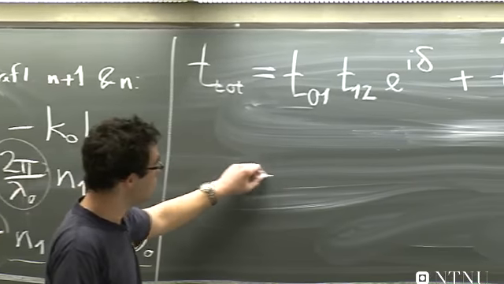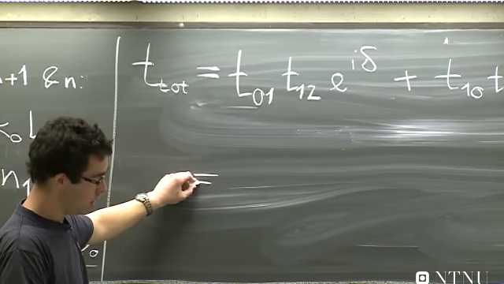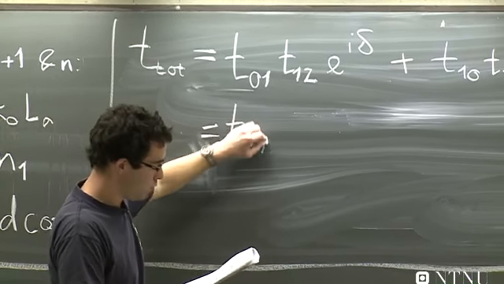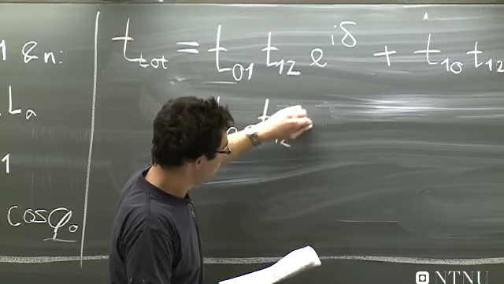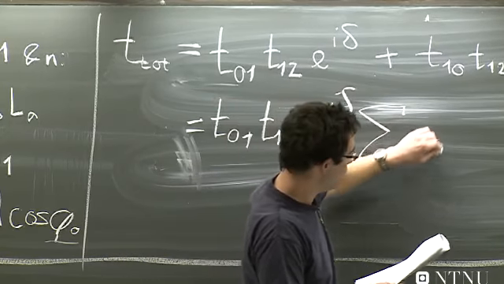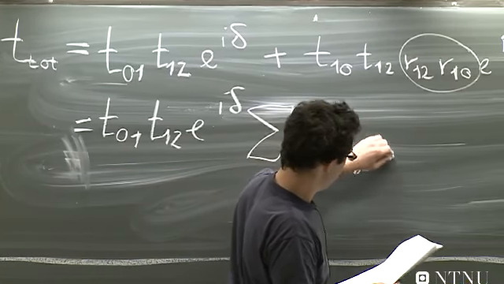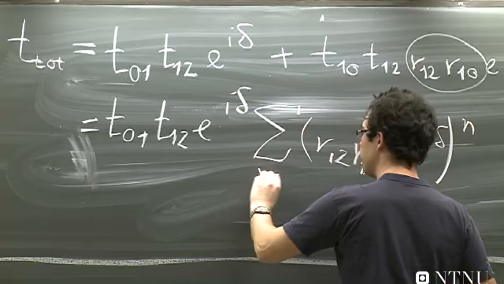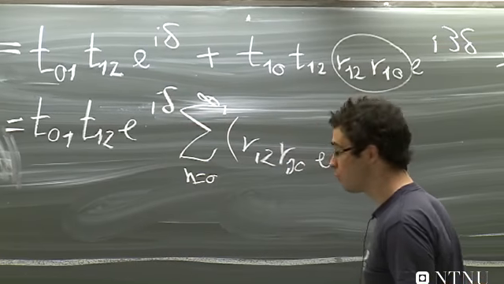And this gives us, in a similar fashion, T01, T12, e to i delta, and more or less the same sum, R12, R10, e to 2i delta to the power n, where n runs from 0 to infinity.